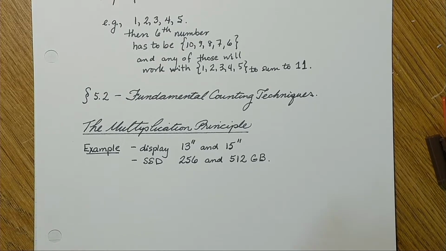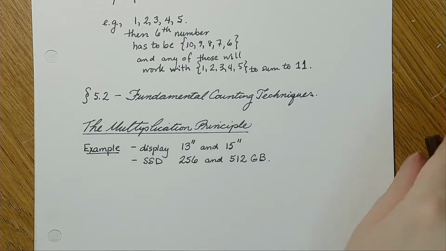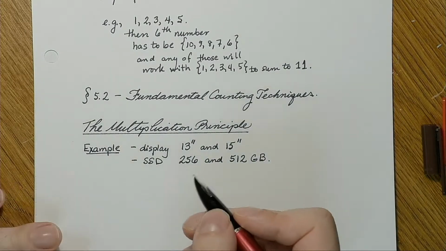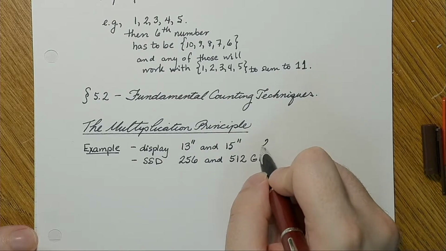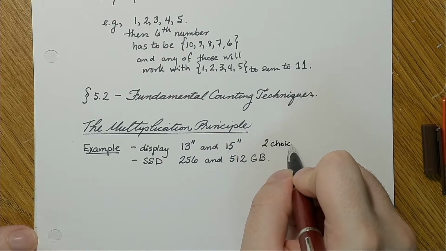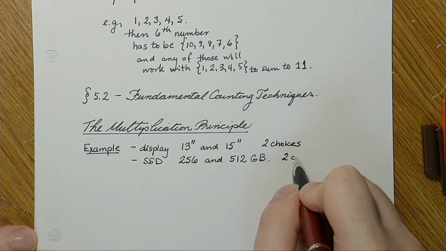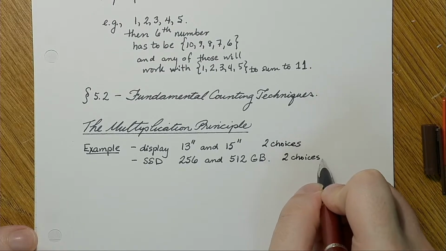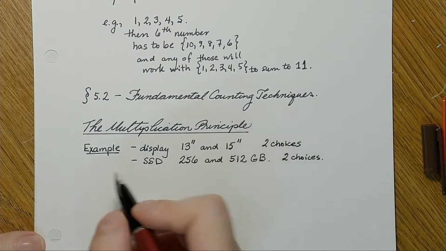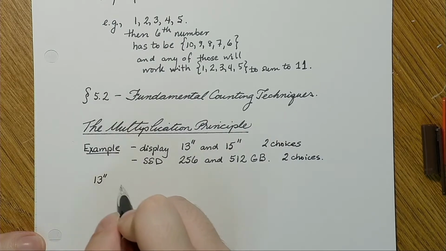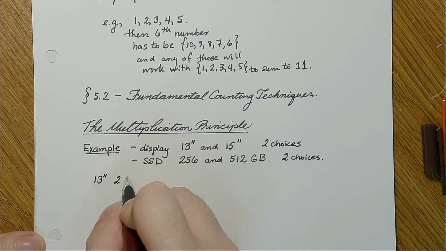So we have 2 choices here, and we have 2 choices for this one. So I can run through all the possibilities. This could be a brute force. I could have a 13 inch with a 256.